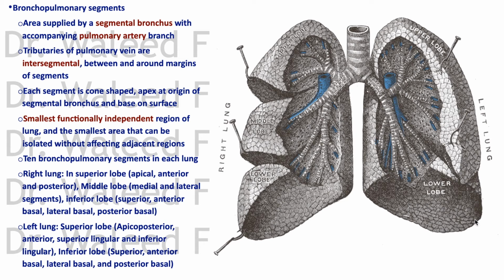I was asked before, which is the lowest part of the lung? It's the posterior basal segment. Posterior basal segment is the lowest part of the lung. Okay, some books you will find it, by the way, lateral basal, but it's very obvious here. This is the posterior basal segment of the lung.